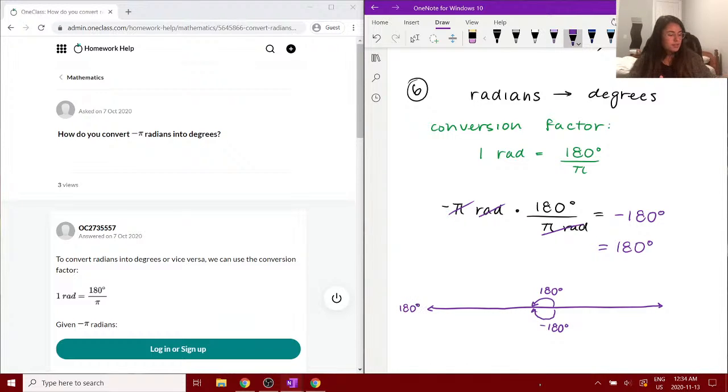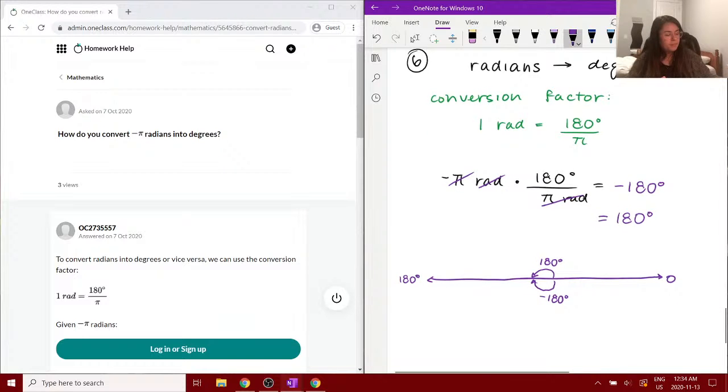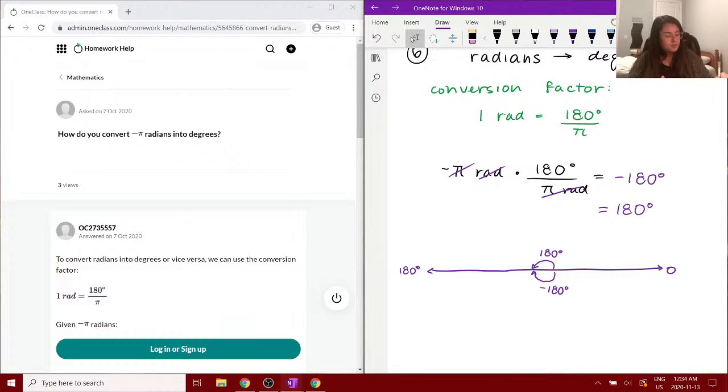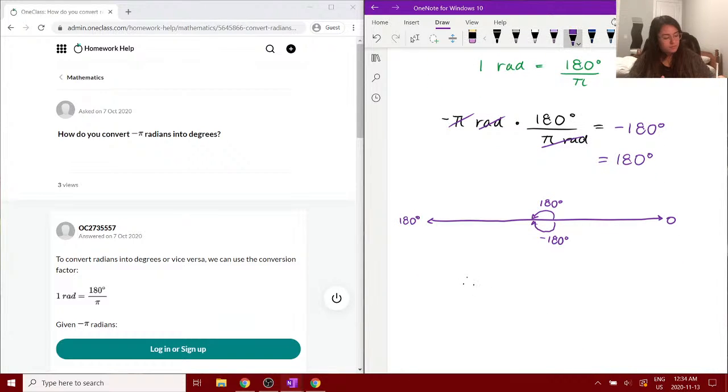So in that case, they are equal, right? Starting from 0 degrees, they will be equal. And so therefore, we get the answer that minus pi radians is equal to 180 degrees. That's the final answer.